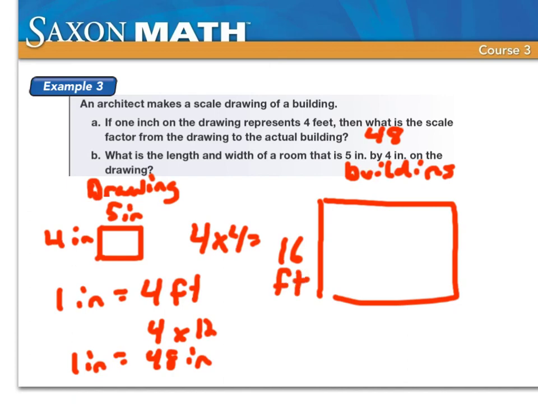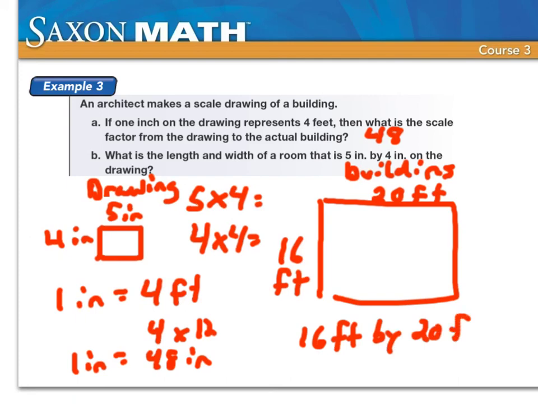So if 1 inch is equal to 4 feet, then 4 inches is equal to 16 feet. And likewise, if I take my 5 times 4, that gives me this side of 20 feet. Okay, so the length and width of the room is 16 feet by 20 feet in real life.